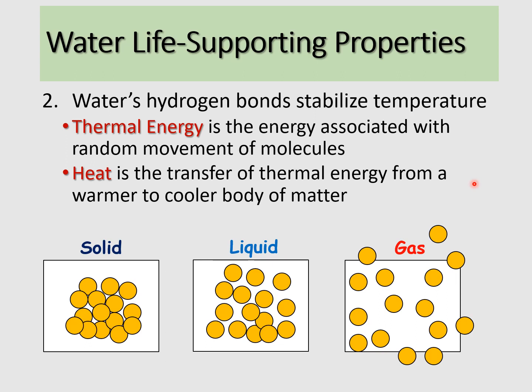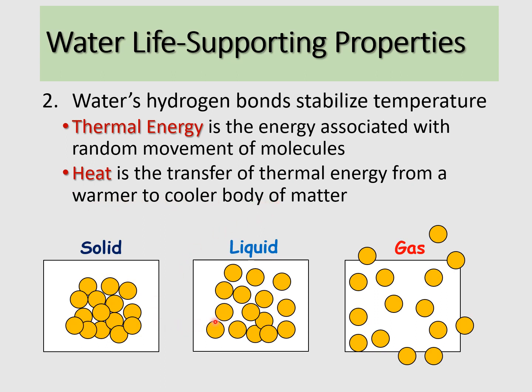Some of these definitions. What is thermal energy? Well, it's the energy associated with random movement of molecules. If we look at our little pictures down here, we have a solid state. The molecules have very little movement, very little thermal energy.